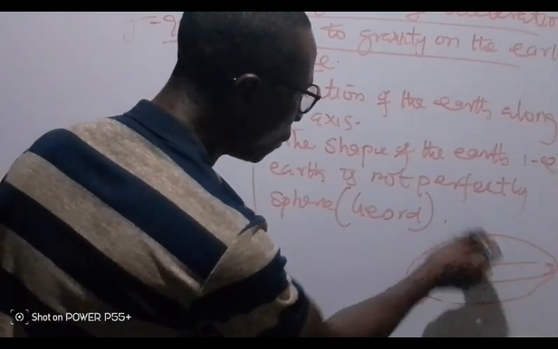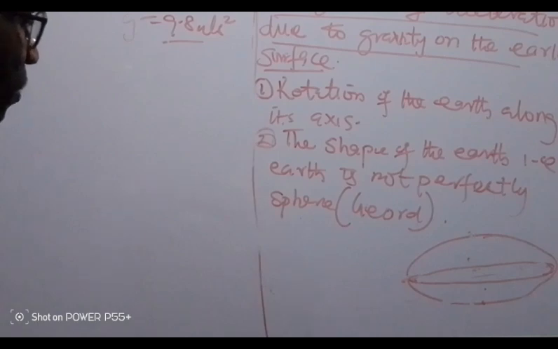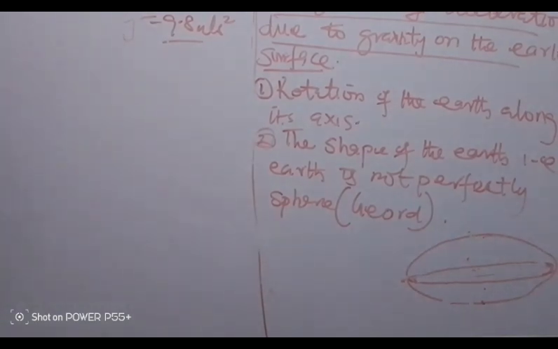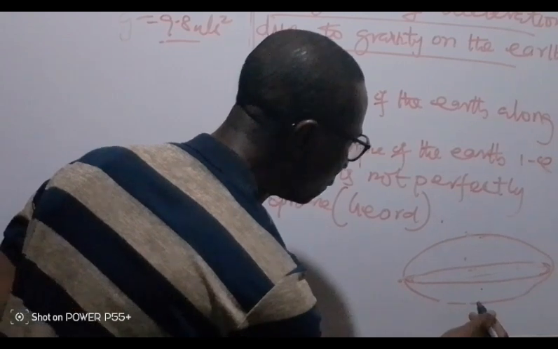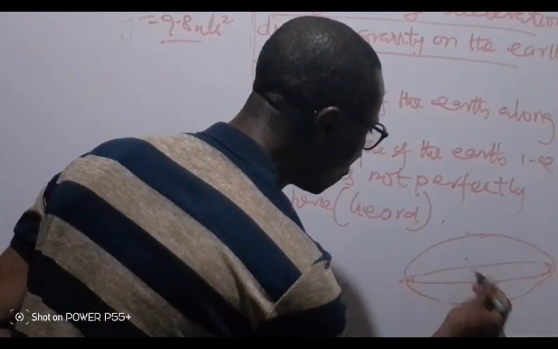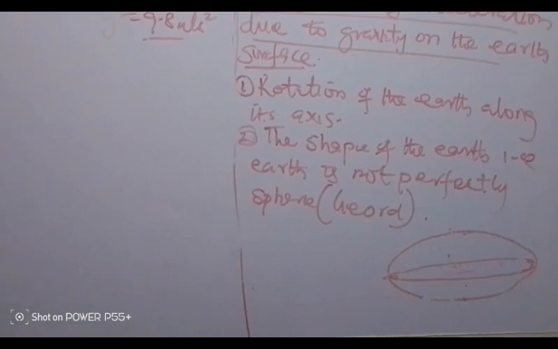So when you get to the north pole, the value of G will reduce to the minimum value. Ditto when you move from the equator to the south pole; the value of G also reduces.